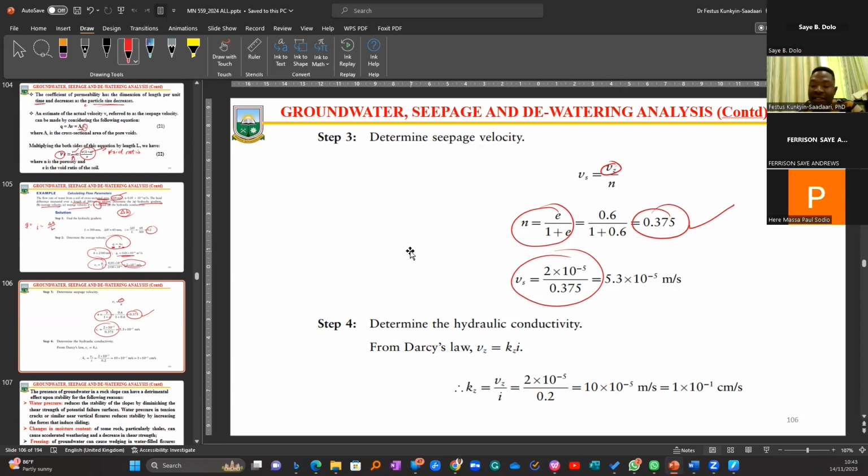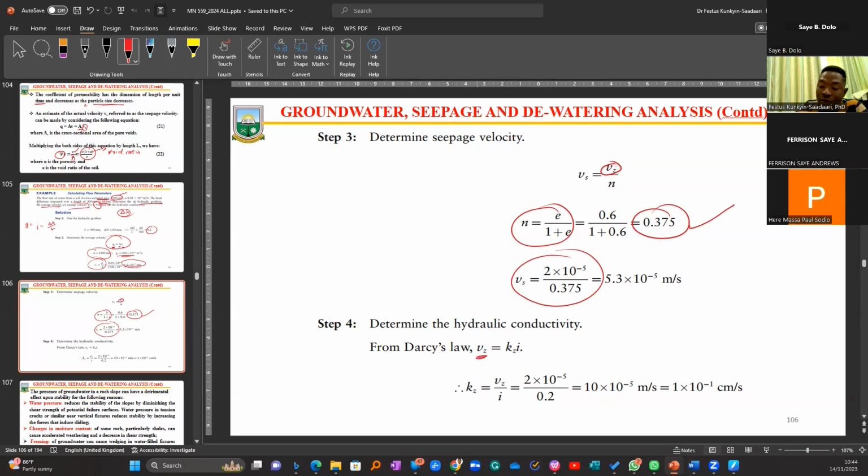Then the next thing is for us to determine the hydraulic conductivity, which is the main thing the geotechnical officer, or the dewatering team, will want to know about the material. And that is always the velocity is equal to K times i.